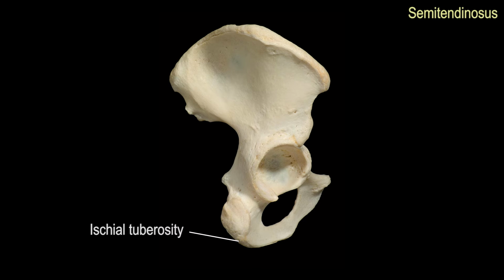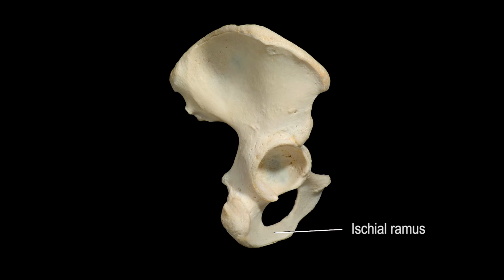They are the semitendinosus, semimembranosus, and long head of biceps femoris of the hamstring group, as well as the posterior head of the adductor magnus of the adductor group, and the quadratus femoris and the inferior gemellus, two muscles of the deep lateral rotator group.